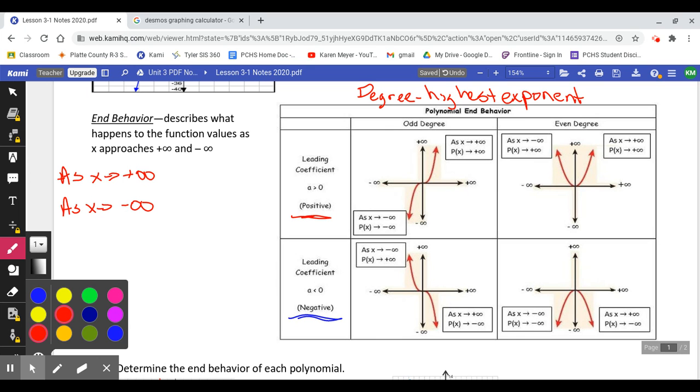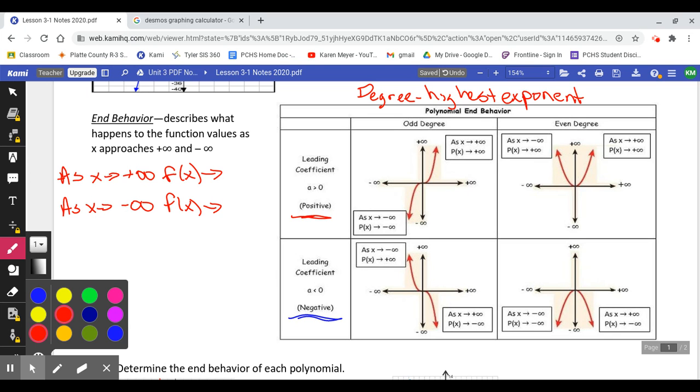The part you have to figure out is what the graph, or the function, does. So we have to figure out f of x, which is what we use for the function, approaches what? Your answer is either going to be positive infinity or negative infinity.